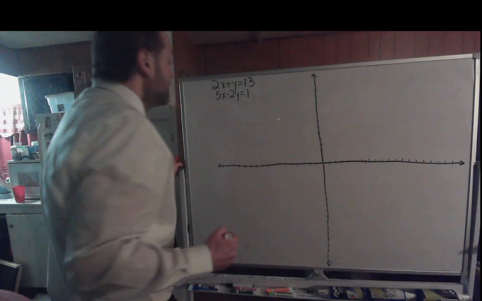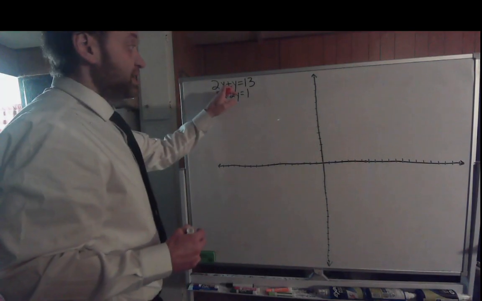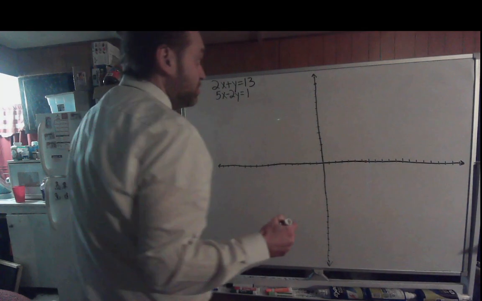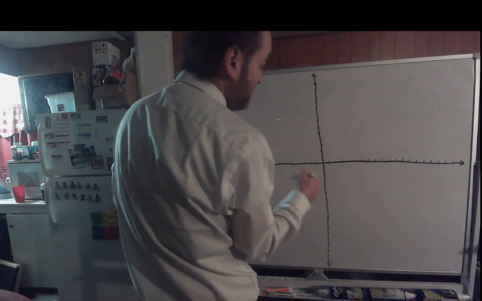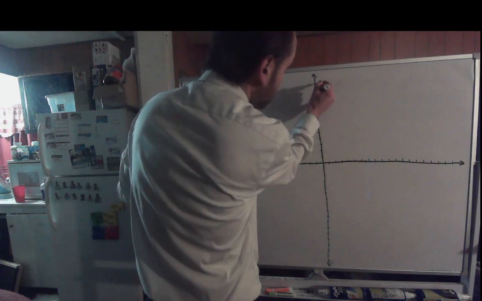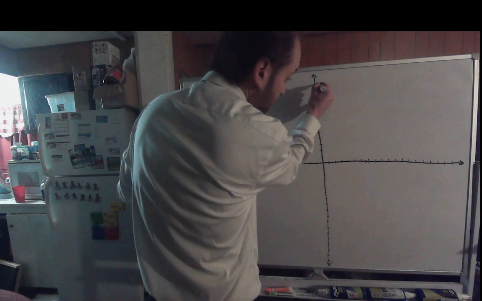So right about here would be 6.5. Then find the y-intercept, set x equal to 0. That would give you y is 13. We found the x and y intercepts. Let's go ahead and draw the line.